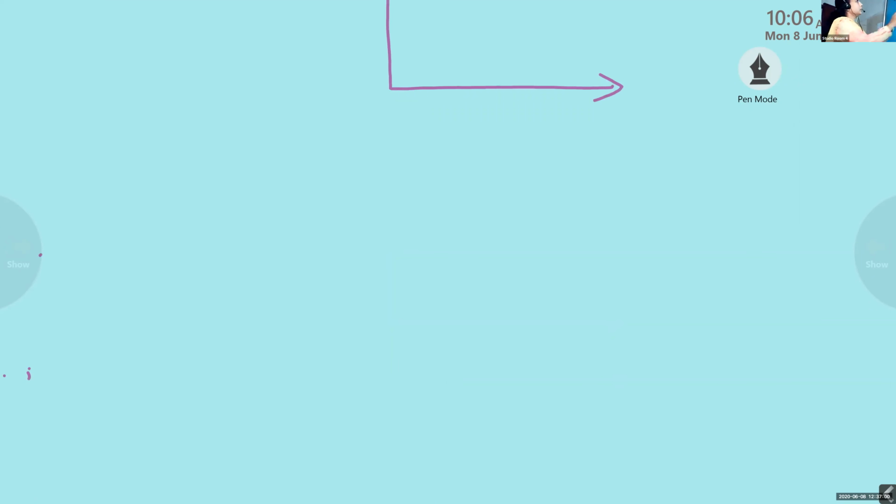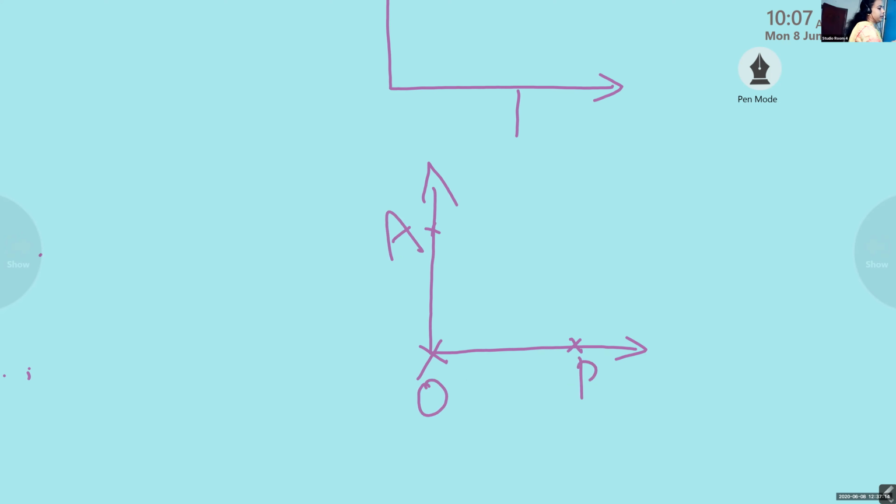We are going to draw one angle AOB. What we have learned today is how to measure an angle using a protractor.